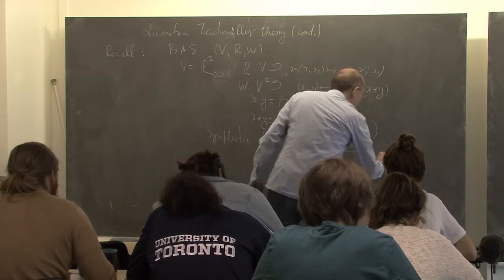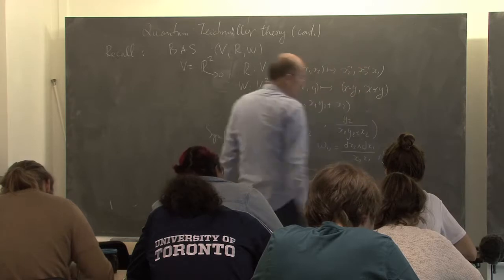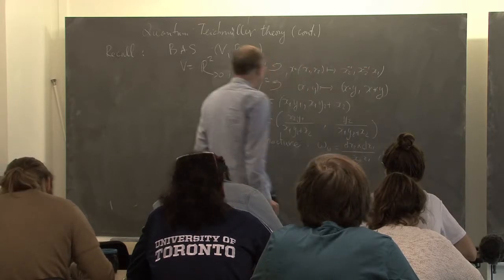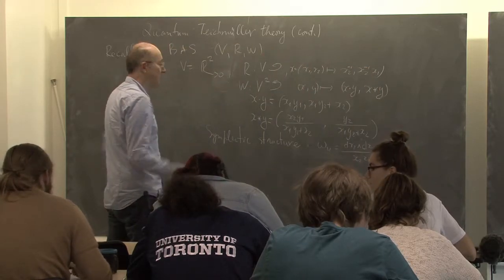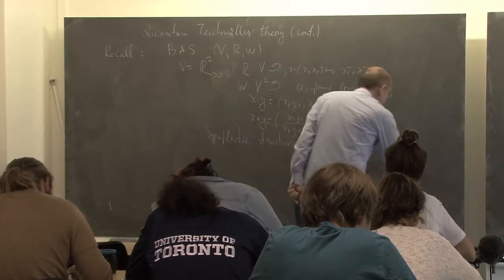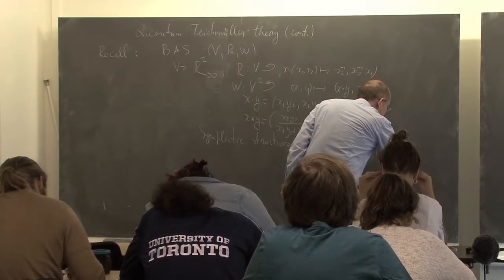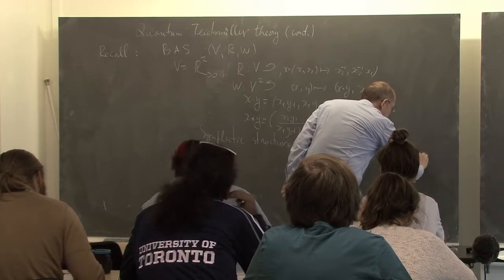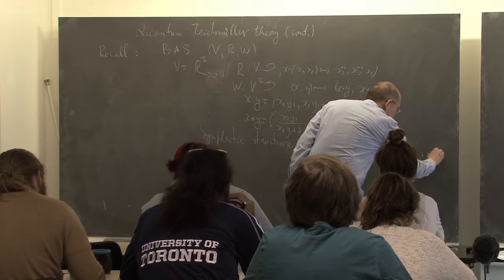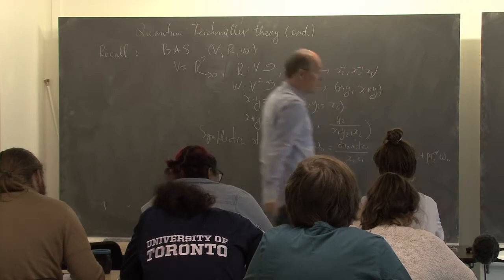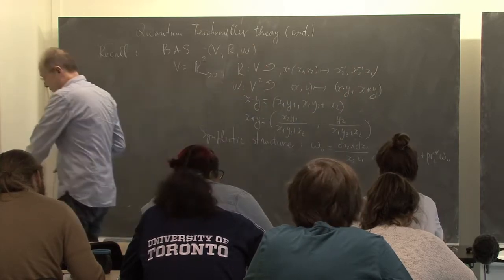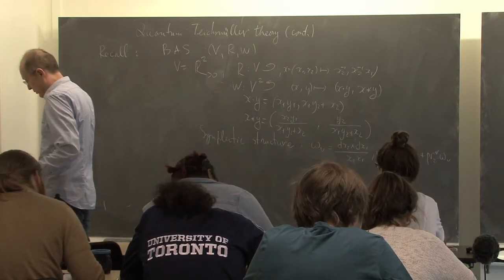And for omega V squared, we take just the natural symplectic structure on the product of symplectic spaces given by pullbacks by two projections of omega V. Okay, so that's the working object.